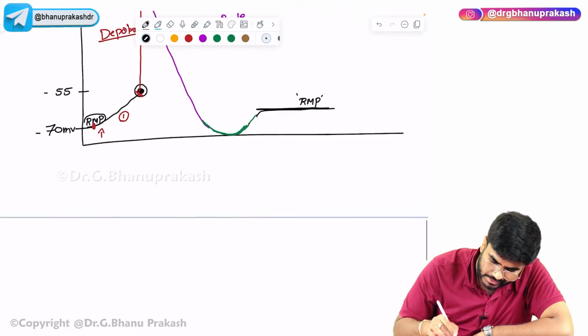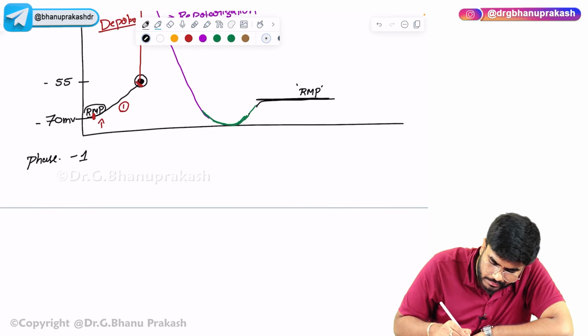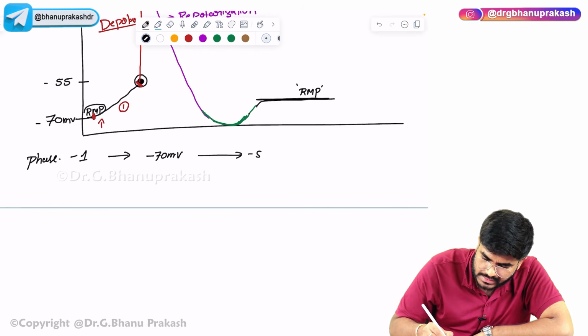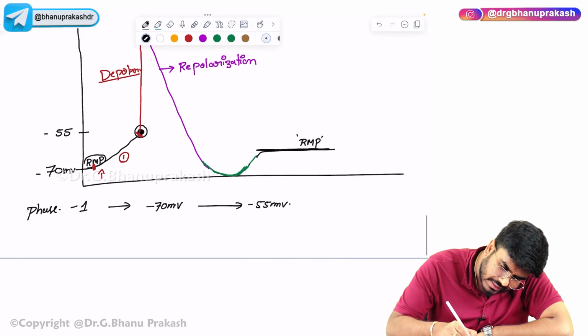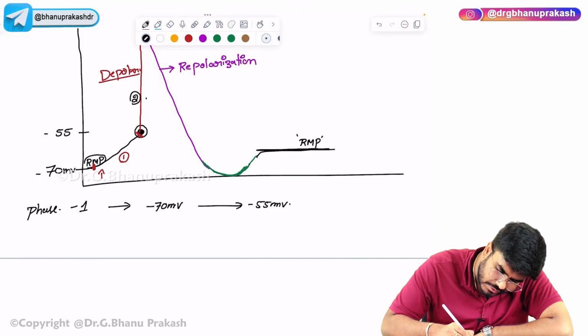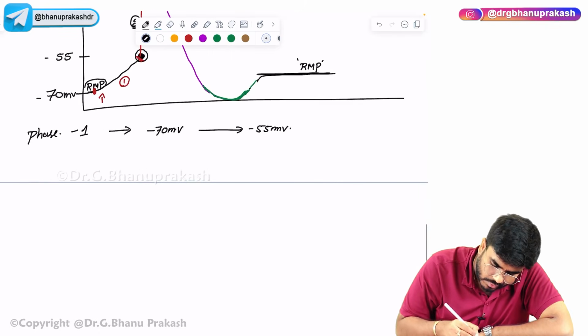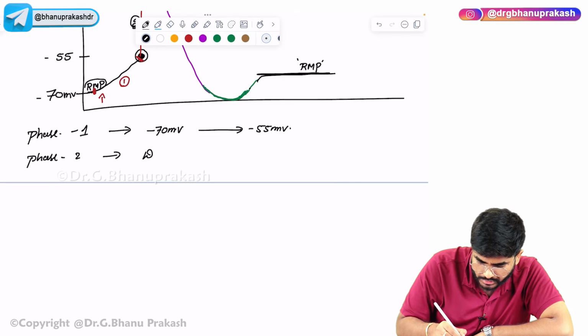In phase 1, you gave a stimulus because of which the membrane potential moves from minus 70 to minus 55 millivolts. Now, what is the next event? Phase 2. That's a rapid depolarization because of the sodium influx. That is depolarization.